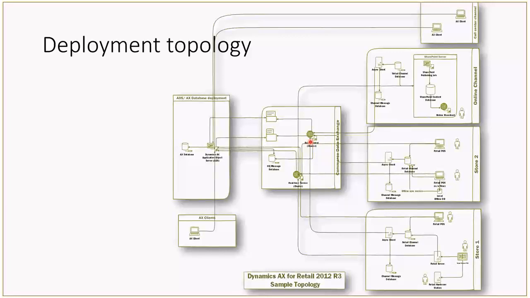Now, what I'm talking about here, keep in mind, is a standard installation. I'm not referring to mass deployment scenarios using System Center, which will be covered in a separate webcast. Keep in mind that you may encounter forms and menu items in AX over here, which make references to other components across your entire topology.